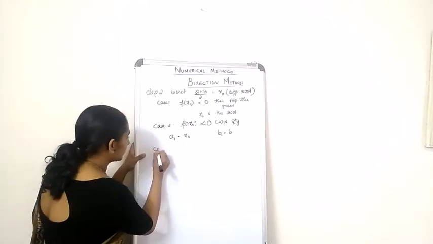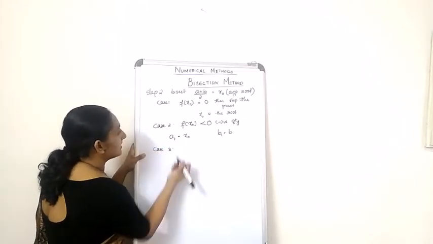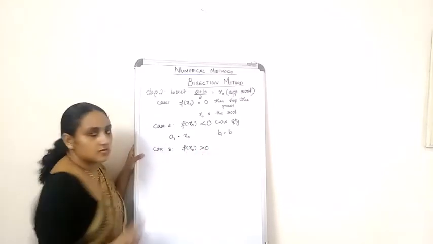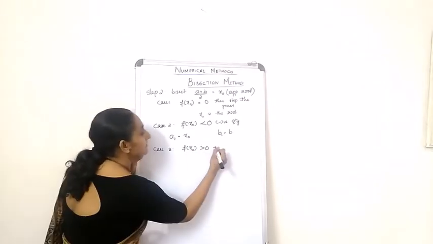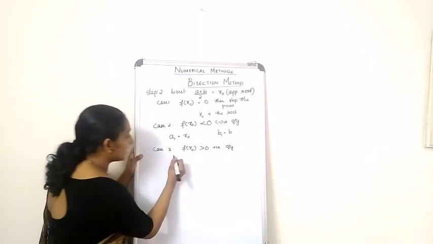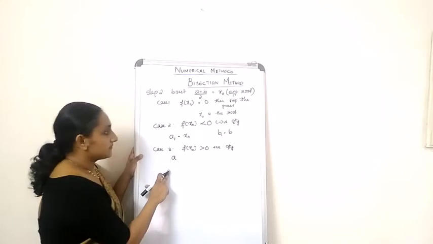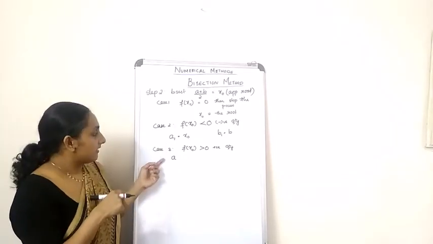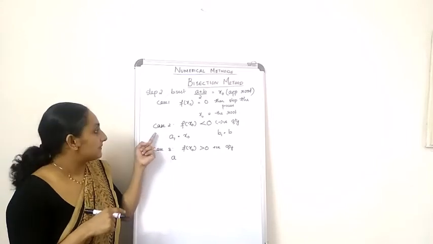Now case 3 is that f of x naught can be greater than 0. It could be a positive quantity. When it is a positive quantity, here the exact opposite of case 2 is going to happen.